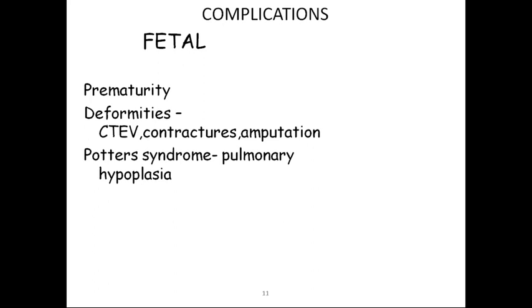So in Potter's you will find facial dysmorphism, pulmonary hypoplasia, and sometimes amniotic bands, which cause amputations, in addition to skeletal hypoplasia.